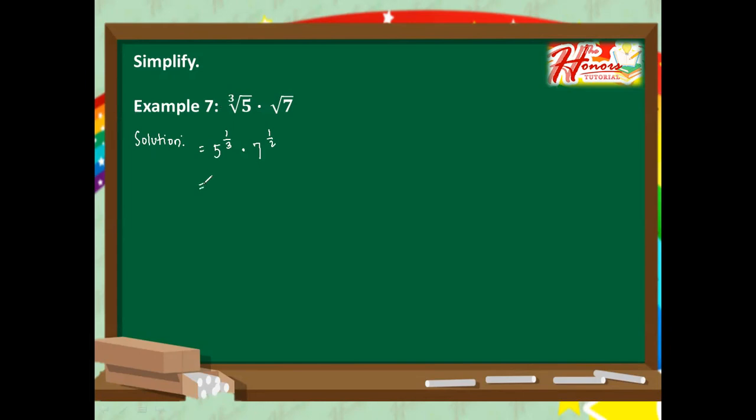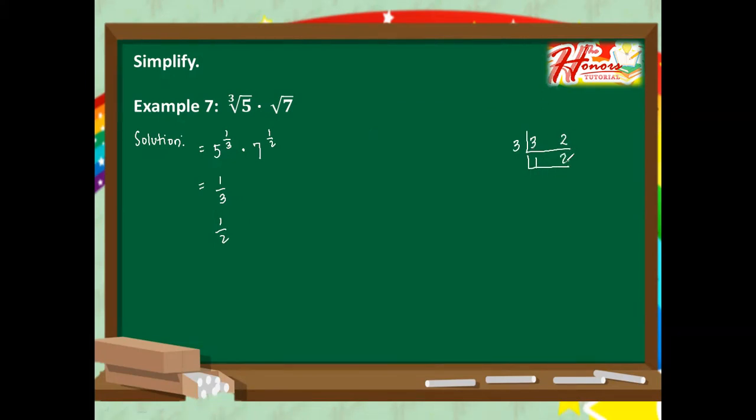And then I will focus first on the fractions that we have here. So we have here 1/3 and 1/2. I will write it vertically and then you have to look for the LCD of 3 and 2. How? Let me write it here. I will use the ladder method. So 3 and 2. Think of a prime number that can divide 3 and 2, and that's 3. 3 divided by 3 is 1. 2 divided by 3, not possible.